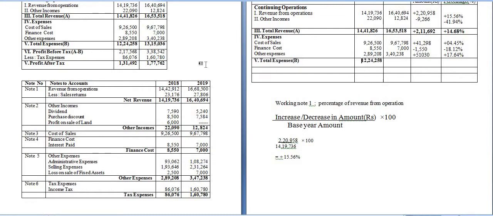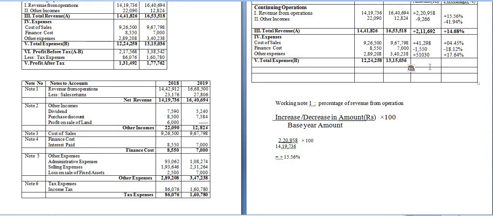Now for 2019, what is the total? 9,67,798 plus 7,000 plus 3,40,238, which is equal to 13,15,036 rupees.